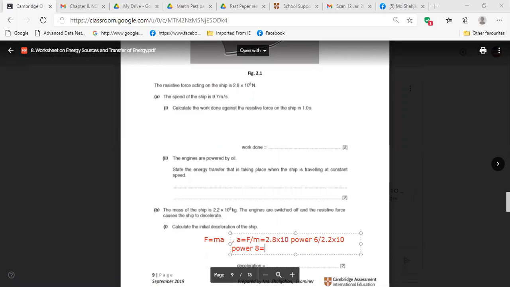So it comes 2.8 by 2.2. How much? 1.2 times 10 to the power 22. No, no, no. You just tell me 2.8 divided by 2.2, this much only. How much does it come? 1.273.